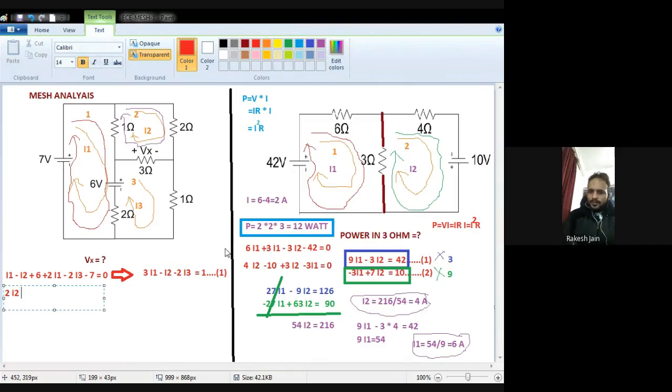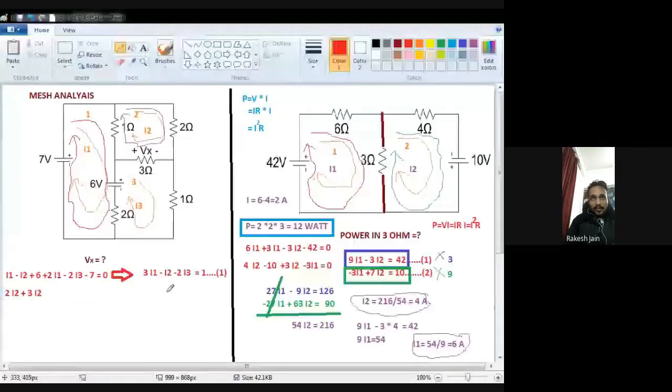2 I2 plus 3 I2, because from this 3 ohm resistance another current, the I3 current, passes in the opposite direction. See very carefully the direction of the current. From this 3 ohm, my I2 current is from right to left.